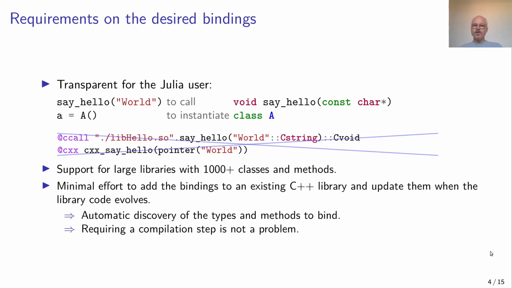We need to support large libraries with thousands of classes and methods, and adding bindings to an existing C++ library, including updating them when the library code evolves, should require minimal effort. This implies that types and methods to bind should be discovered automatically. Nevertheless, requiring a compilation step is not a limit for our use case.